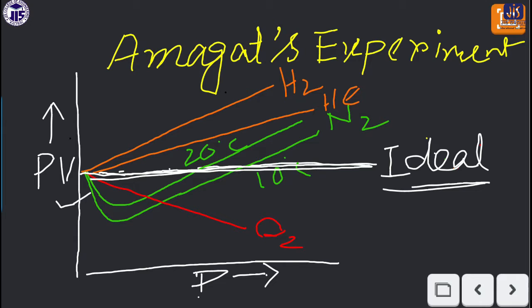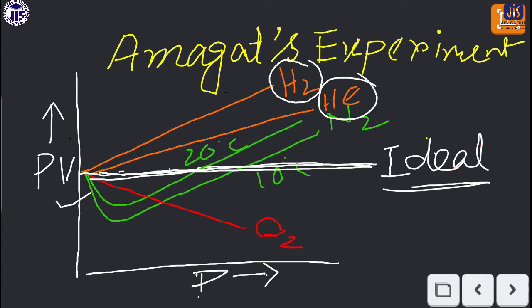And there are some gases for which the PV value will always be higher than the ideal gas. Here the examples are hydrogen and helium. For hydrogen and helium, the PV values at any pressure will always be higher than the ideal gas.